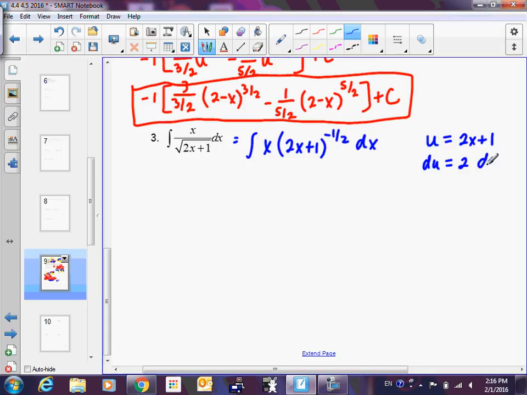That's going to be 2 dx. Looking at the problem, I see a dx that lines up. The 2, though, I need to divide that over, and that's the same as with all the u substitution. That's going to happen on most of the problems. And that's going to put a 1/2 out in front of your integration symbol.